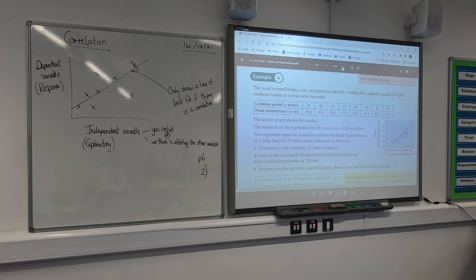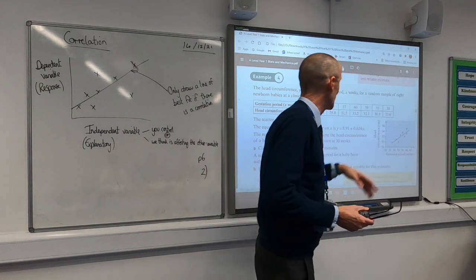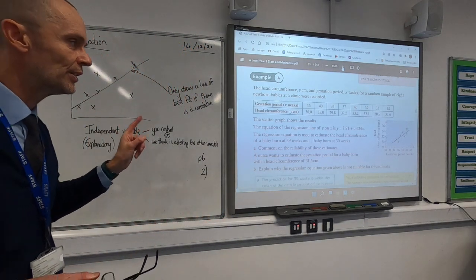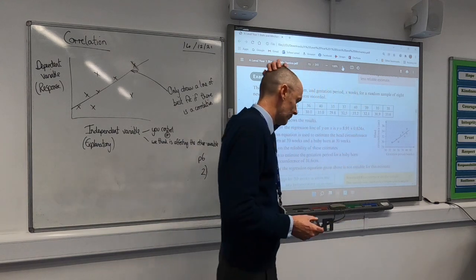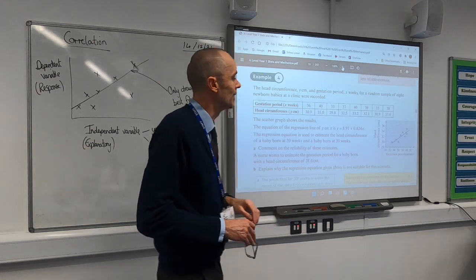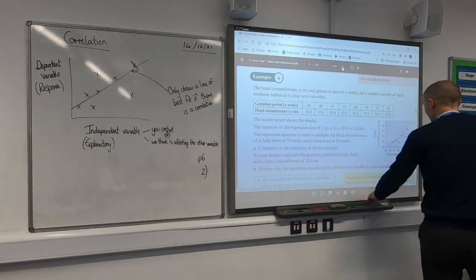Okay, so this is how a question would look. We are given a set of data and we are given the equation of the line of best fit. And in this case they've done a little sketch for us, but that's not often included. So let's pretend you can't see this.